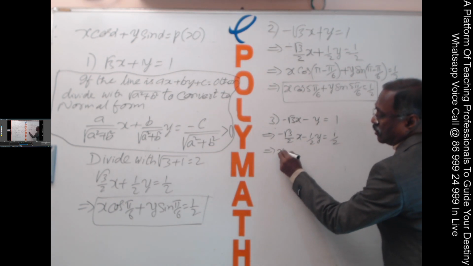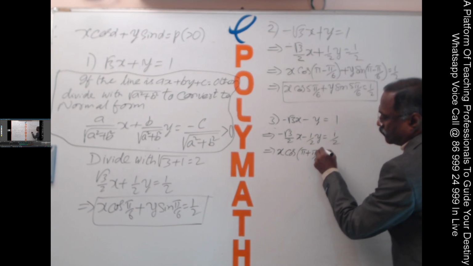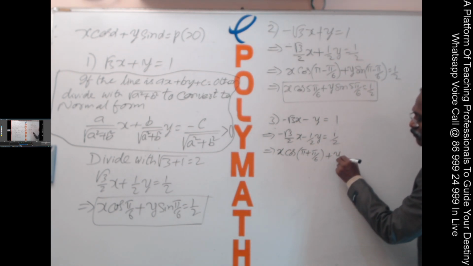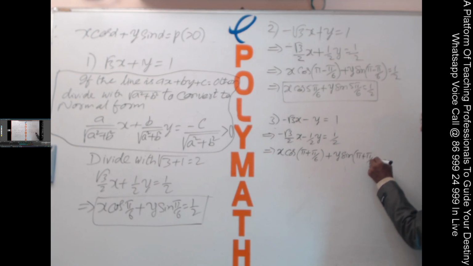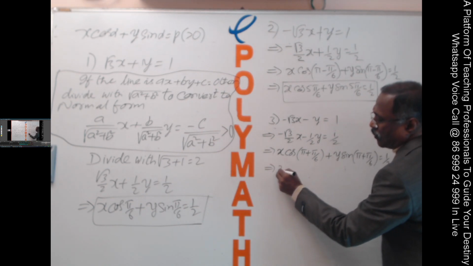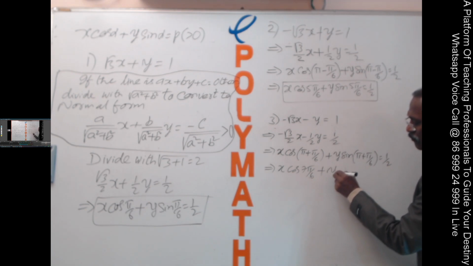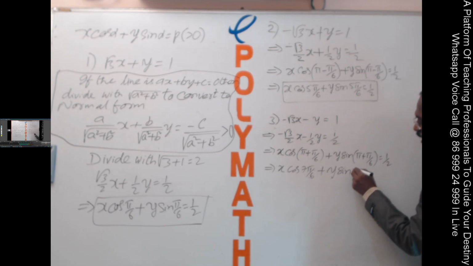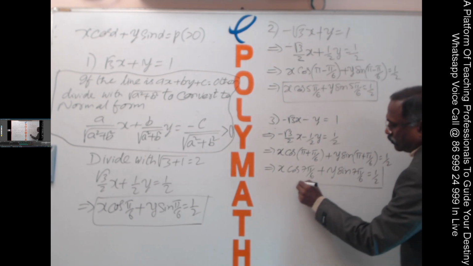So it is x cos of pi plus pi by 6 plus y sin of pi plus pi by 6, third quadrant, that is why pi plus pi by 6. So x cos of 7 pi by 6 plus y sin of 7 pi by 6 is equal to 1 by 2.